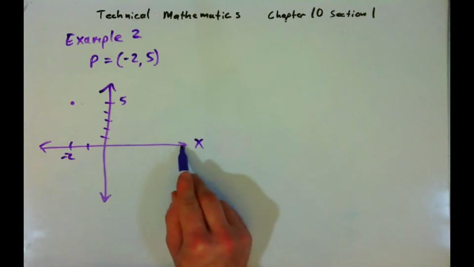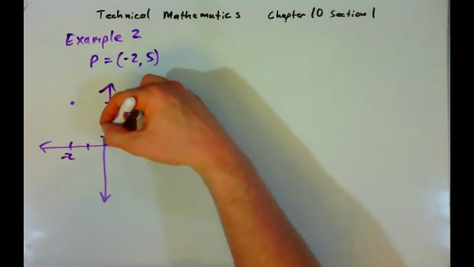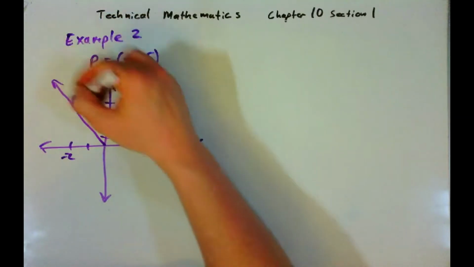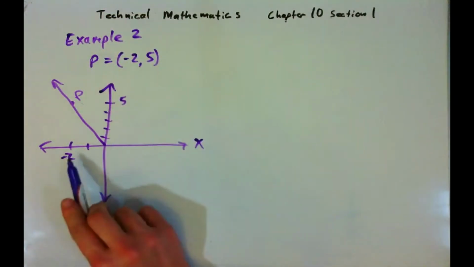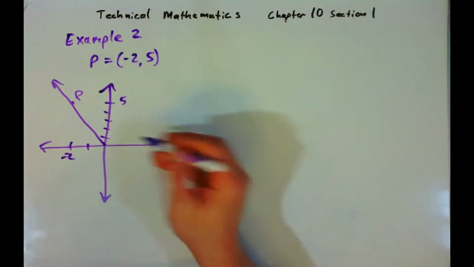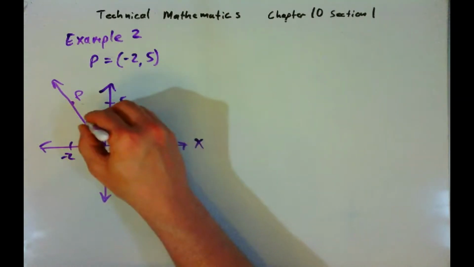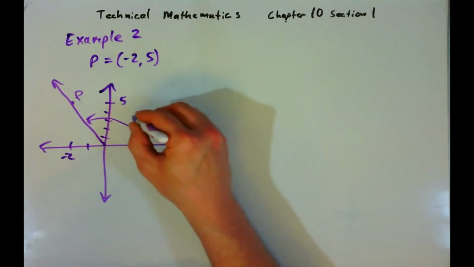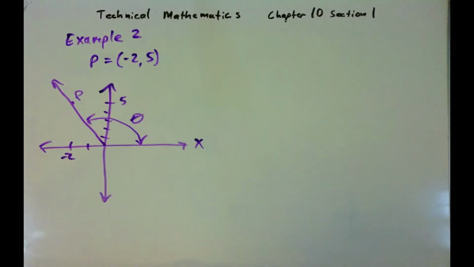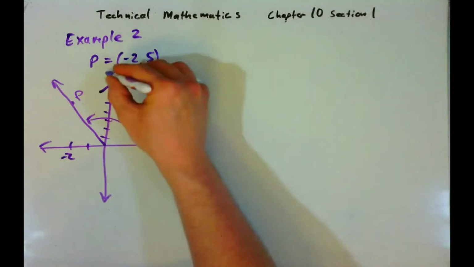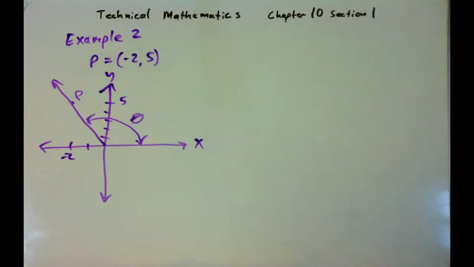And so again, x is the initial side. The terminal side passes through this point, which is P, which has coordinates negative 2, 5. And that terminal side forms some angle with the positive x-axis that we call theta. And so we've graphed it. Label that as y.